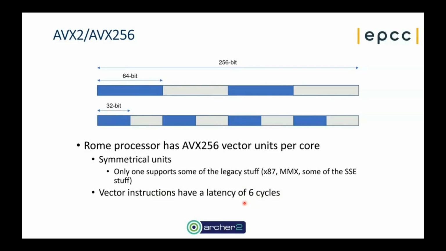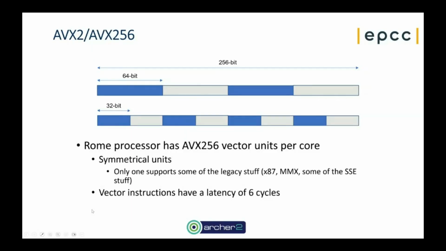What does this mean? When you issue a single vector instruction, it takes 6 clock cycles before you get the result of that instruction. The vector unit is pipelined, with multiple stages that have to work in it. So when you start a vector operation, there are 6 cycles before you get the result.